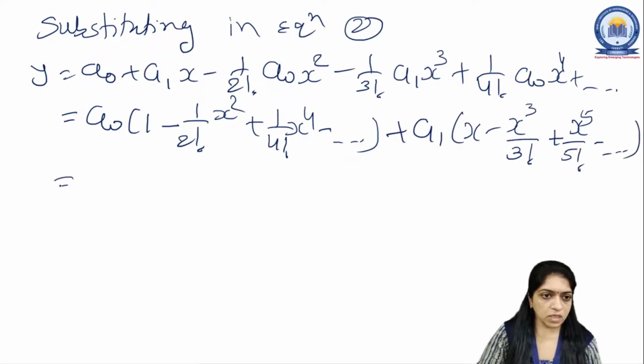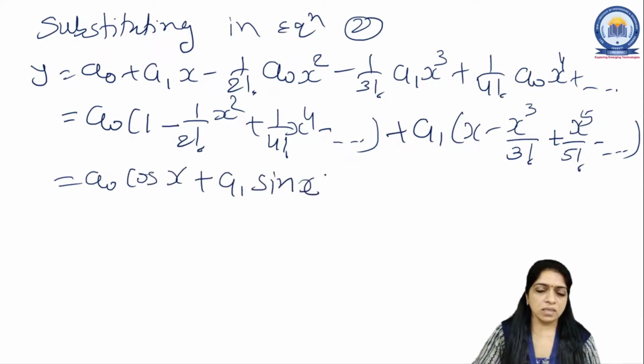So a0 cos x plus a1 sin x. This is the required solution of the given differential equation.